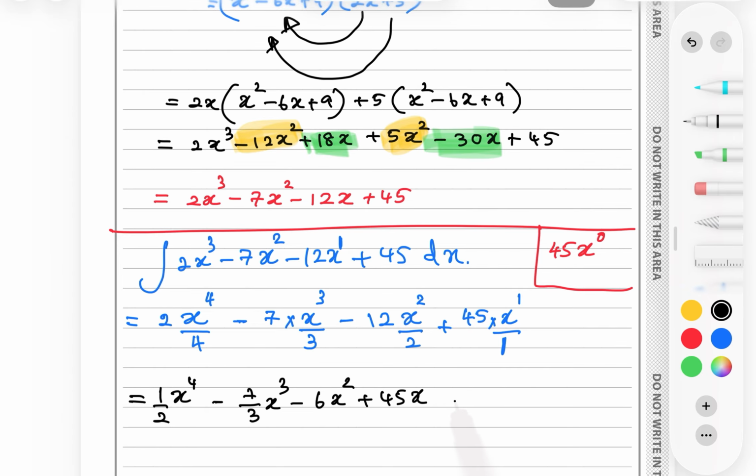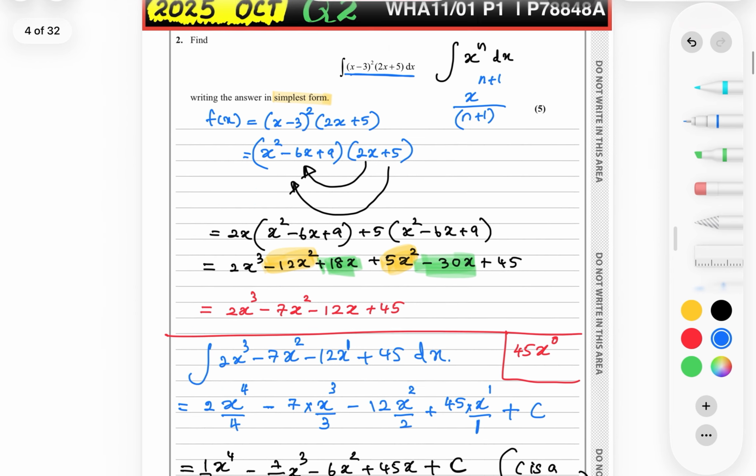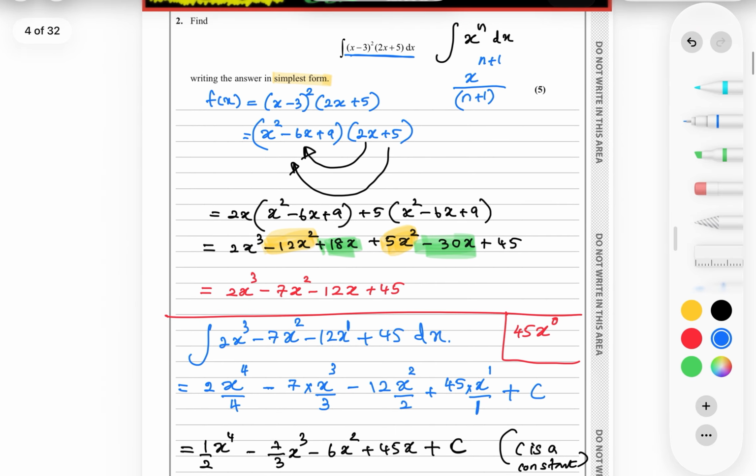We know we're going to add the c here, and c will be a constant. So that's what we're going to write. You can even add the c for this step as well, since that is integration then and there. Yeah, this will give our full 5 marks. Thank you.